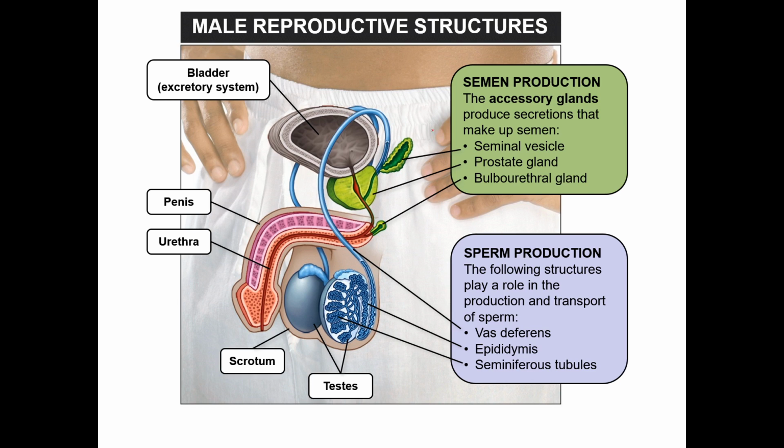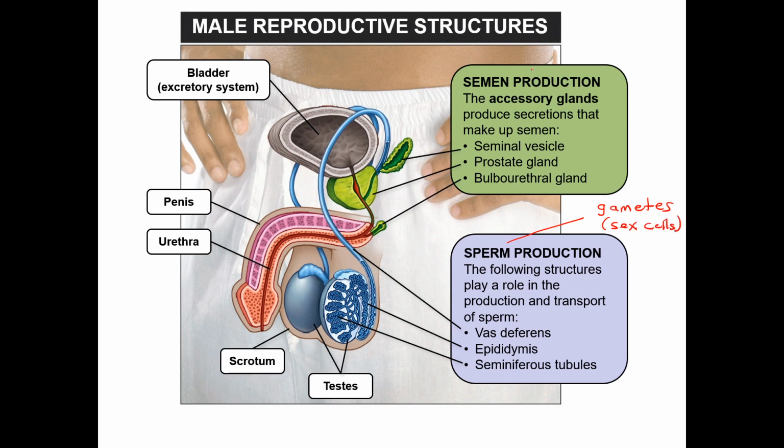So first of all, there's a difference between what's called semen and sperm. Sperm, these are the gametes, the sex cells for males.